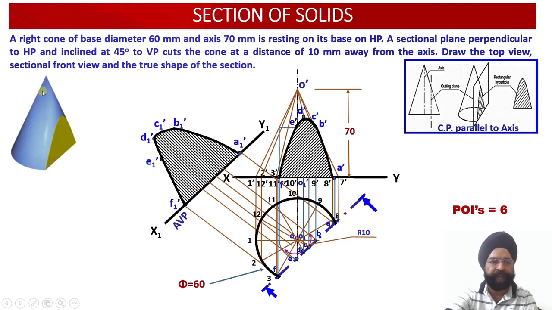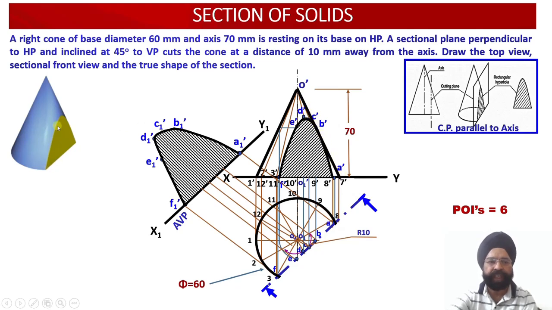Similarly, in the front view, this portion of the cone is visible to us. So we are going to show this in the front view as well. Please check, this is the remainder portion of the cone which has not been cut by the cutting plane.